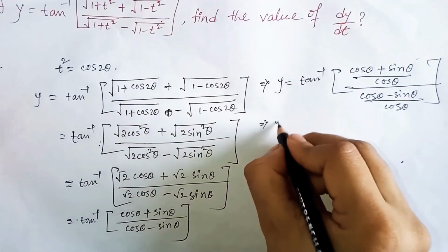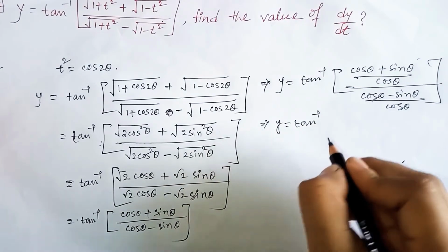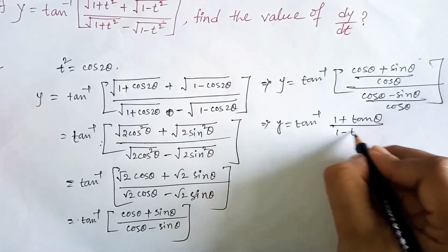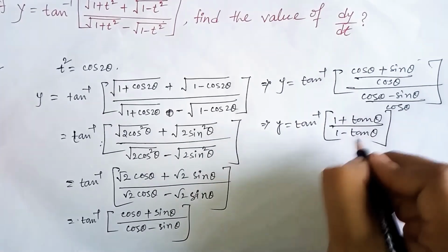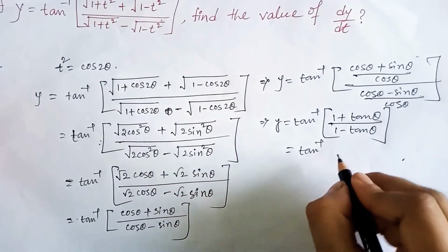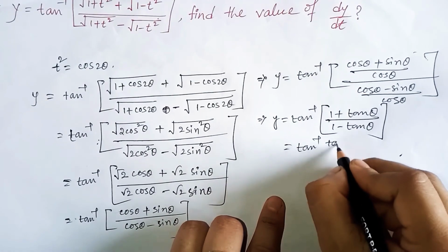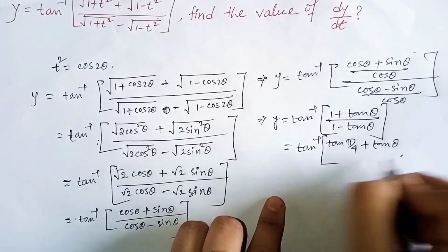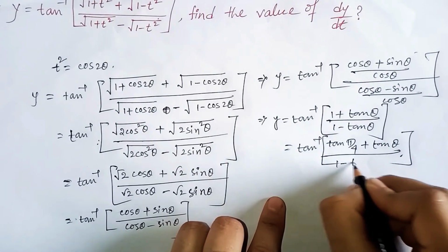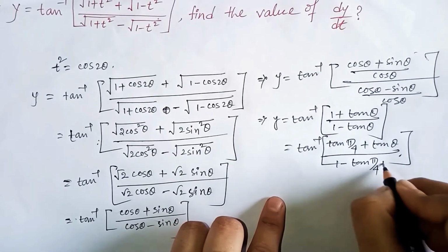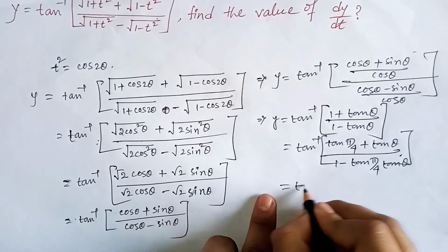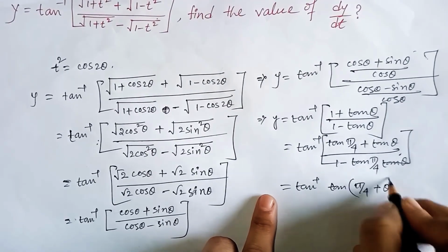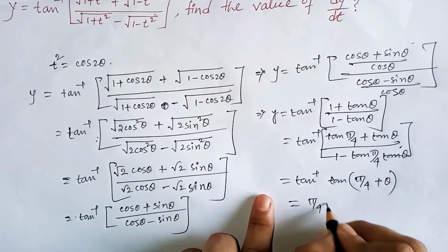Then we get y equals tan inverse of (1 plus tan theta) whole divided by (1 minus tan theta). This is changed into the form of (tan pi by 4 plus tan theta) divided by (1 minus tan pi by 4 into tan theta), right? That means tan inverse of tan (pi by 4 plus theta), which means pi by 4 plus theta.